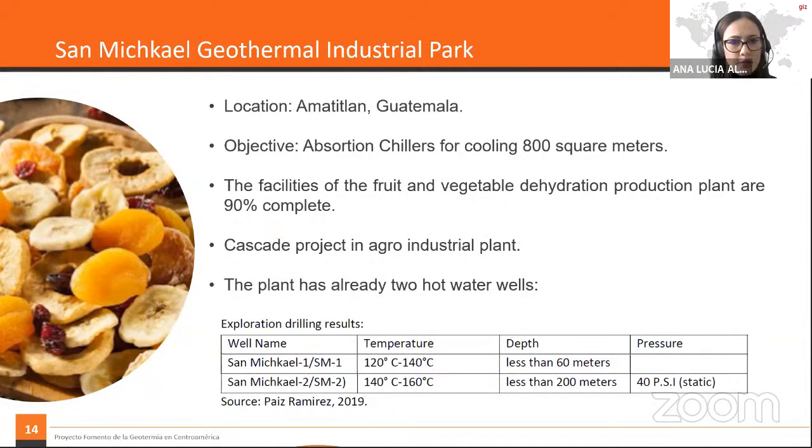It's also a cascade project in the agro-industrial area or plant. You can see there the information regarding the temperatures that are being used, and that hopefully will be used in the absorption chillers.